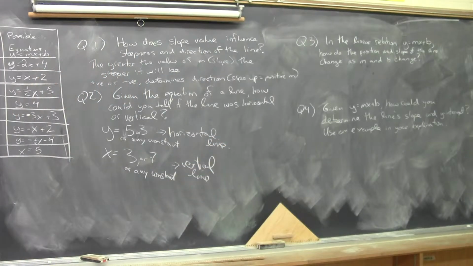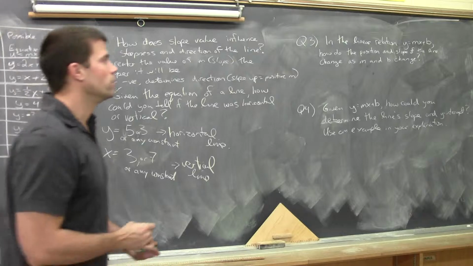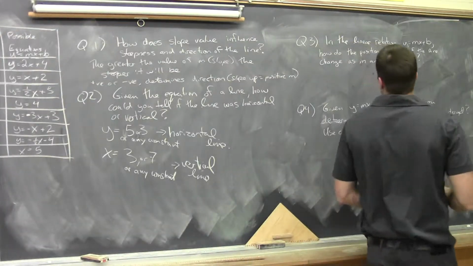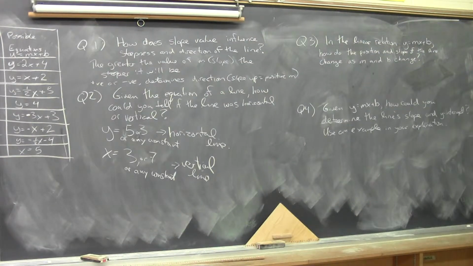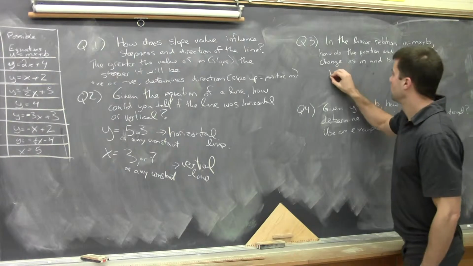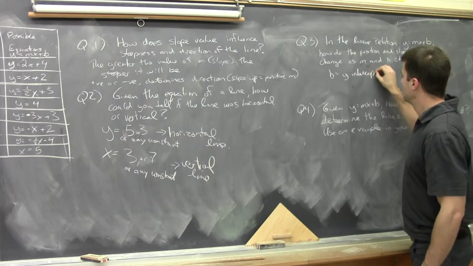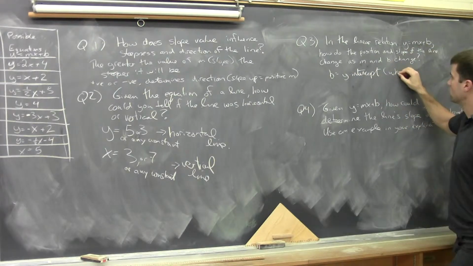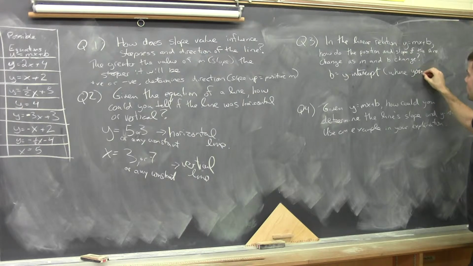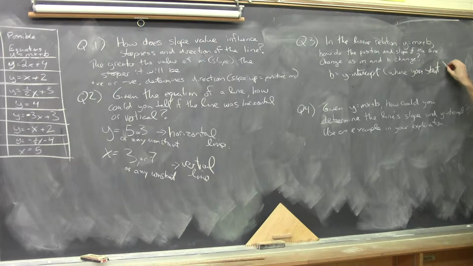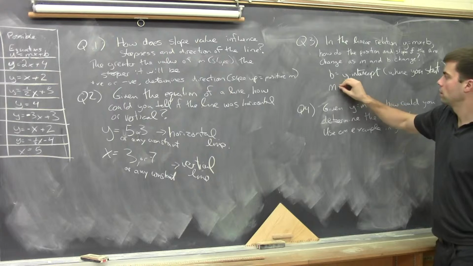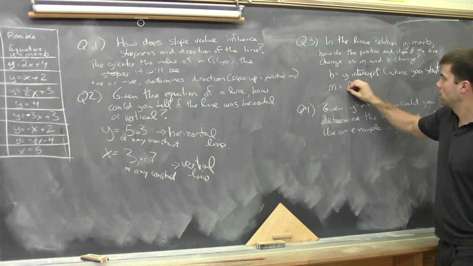Okay, question number 3. Ryan. In the linear relation y equals mx plus b, how did the position and slope of the line change as m and b change? Because b is where you're supposed to start on the y-axis. Good. So b is the y-intercept. Okay, and you're saying where you start, which is fine. And m shows how much you rise and how much you run.